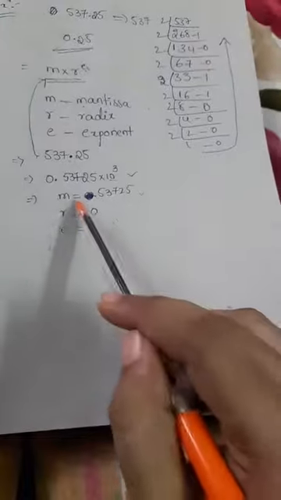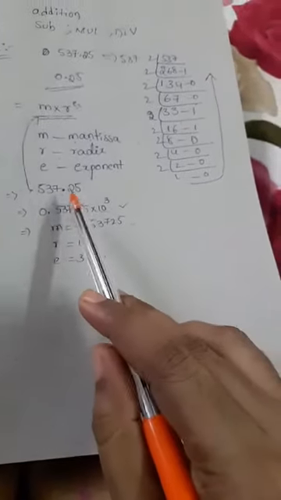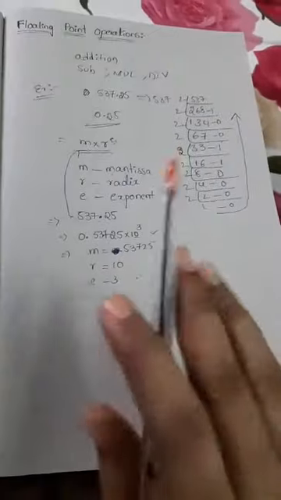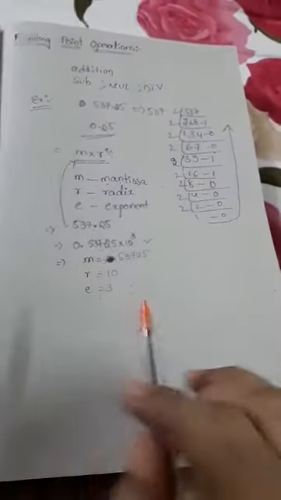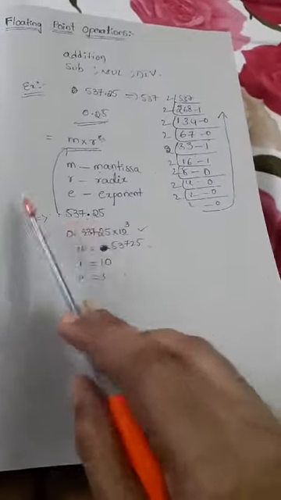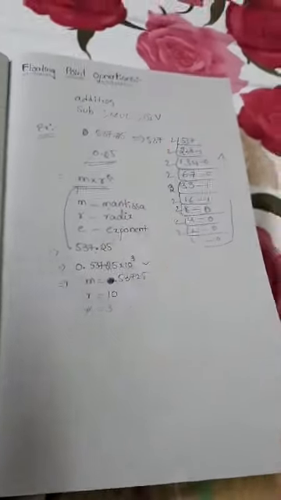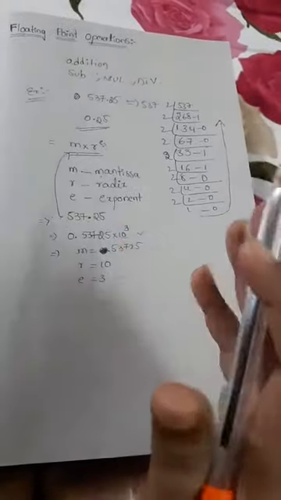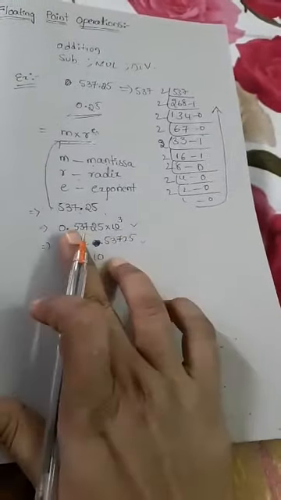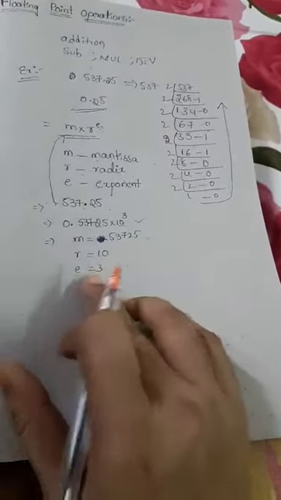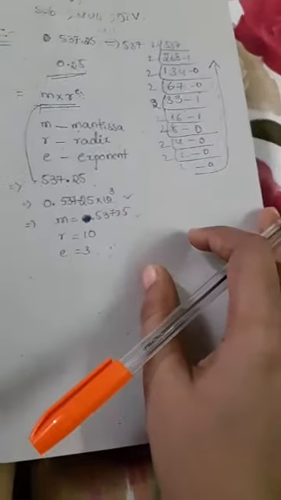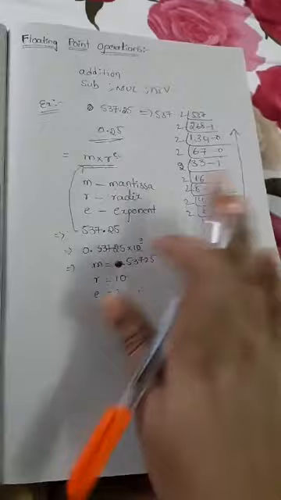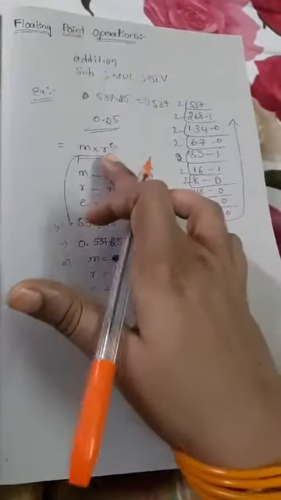So totally 3 registers are taken to store one fractional number. Up to this is the general procedure for floating point representation in computer notation.